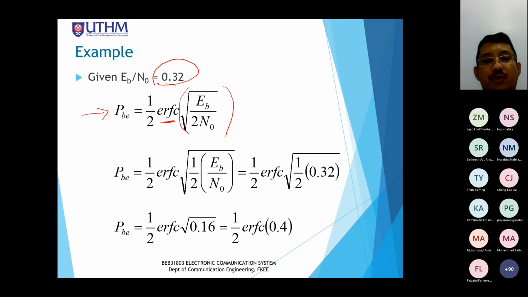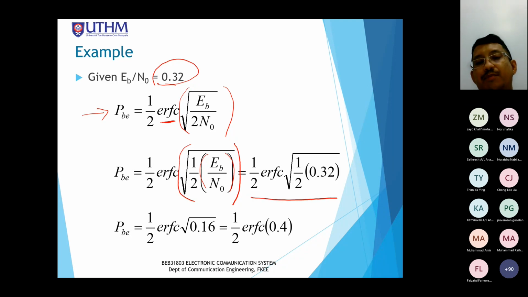So we rearrange the equation. We put the 1 over 2 outside, and then this is EB over N0. Remember, inside the ERFC function, square root of 1 over 2 EB over N0. So that means we can rewrite it like this.